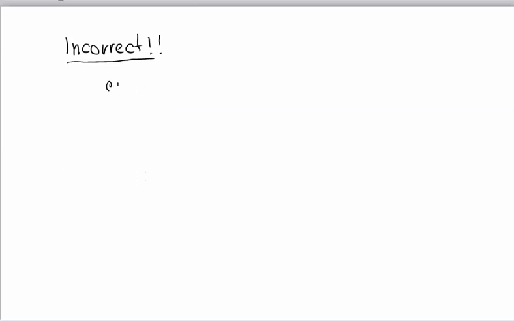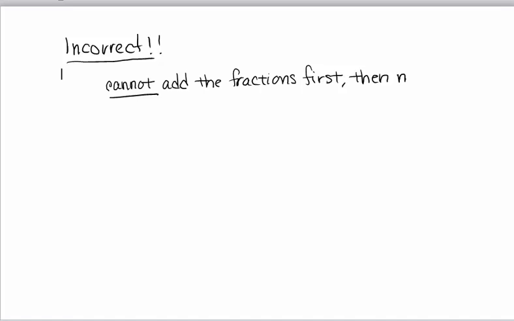We cannot add the fractions first, then multiply. So let's just see what happens when we do it, okay?